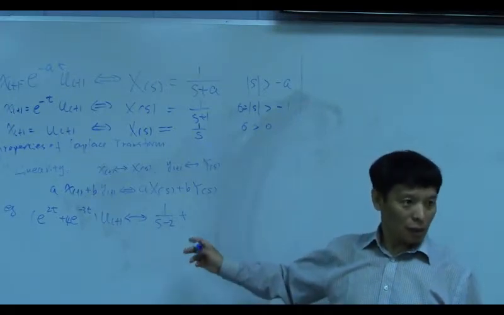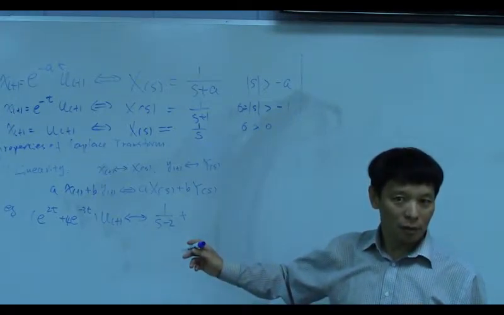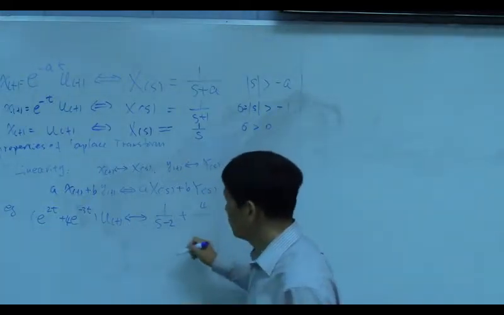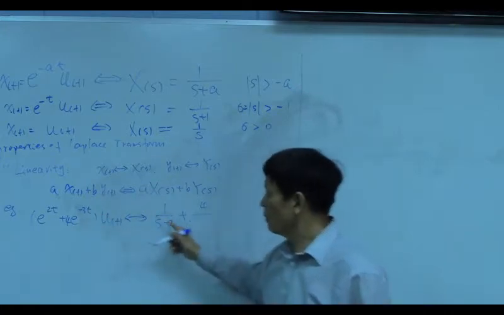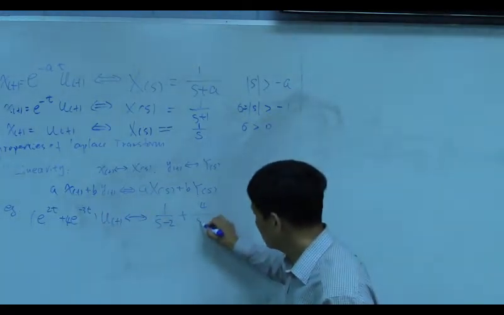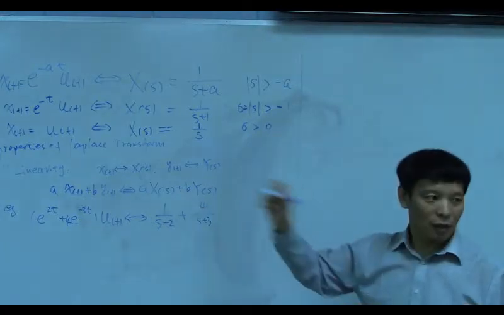Hello? What's the second one? 4, okay? 4. Because that's b equals 4, right? 4 over s plus 3. As easy as this.